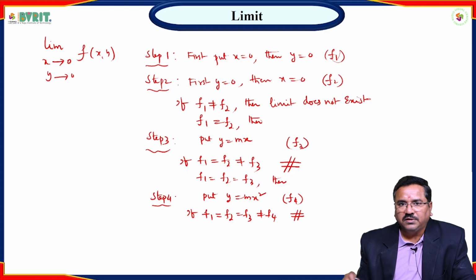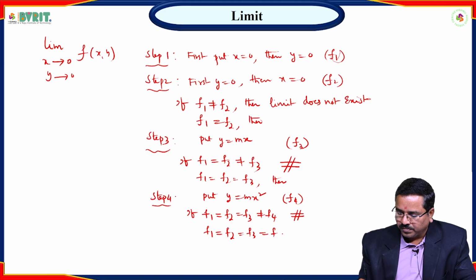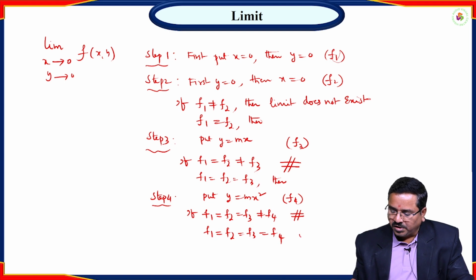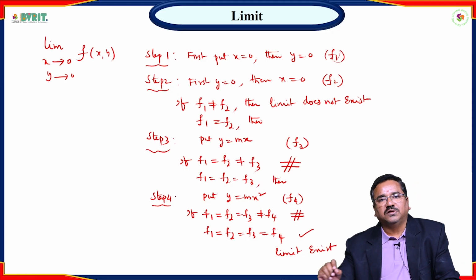Suppose all four are equal, f1 equals f2 equals f3 equals f4. If all these are equal, we can say that the limit exists, and whatever the answer we have, that is the value.